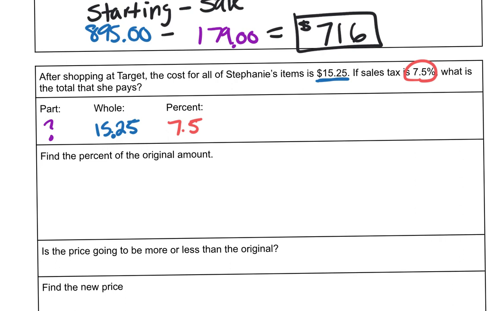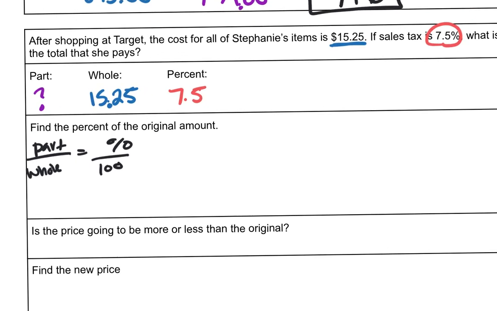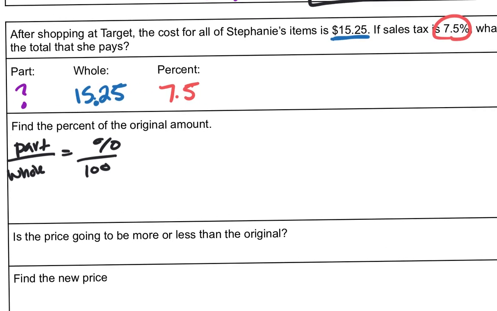So our setup is that the part divided by the whole is equal to the percent divided by 100. We said the part is the thing we don't know, so that's where my question mark goes. Divided by the whole, which is the $15.25. Equals, our percent is 7.5%, divided by 100.